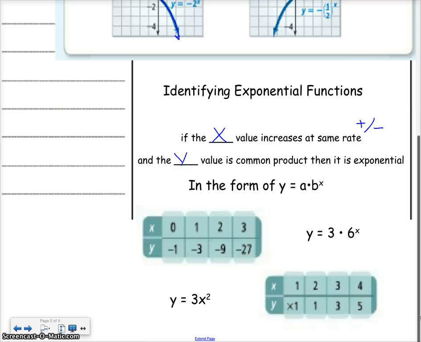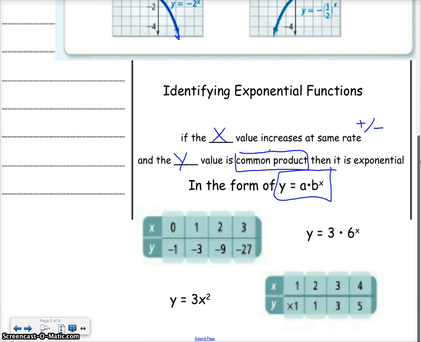And then the y value is that difference, and that connects us to that geometric sequence that we've identified before. The y value is a common product. So you make sure x is being added or subtracted by the same thing, y is being multiplied. Then it's exponential. Or it has to match that equation.